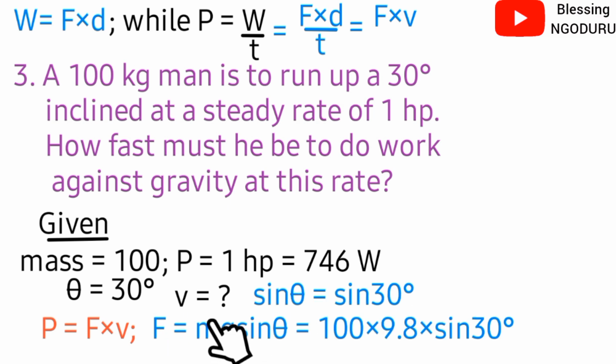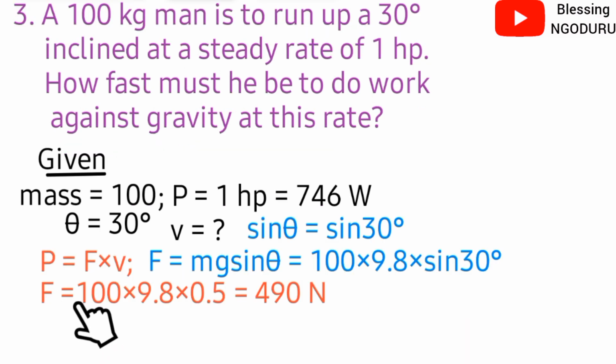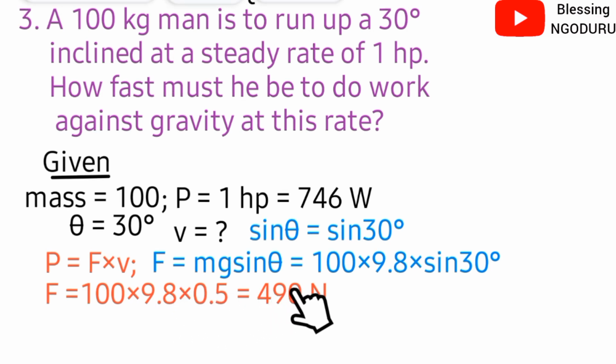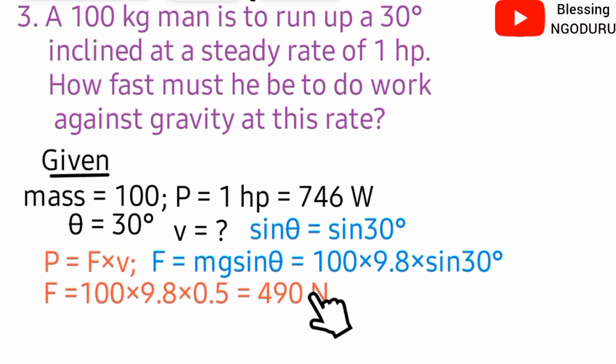So force will be mass, our mass value is 100, times g, which means acceleration due to gravity, and the value is 9.8, times sin theta, that is sin 30 degrees. So force will be equal to 100 times 9.8 times sin 30 degrees, which gives 0.5. So 100 times 9.8 times 0.5 gives 490. So the force value is 490 Newton.